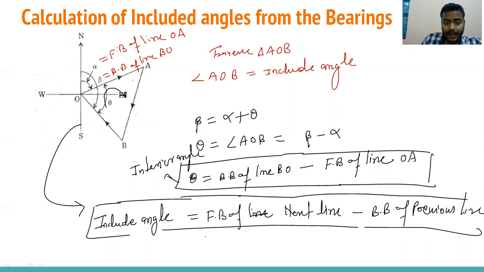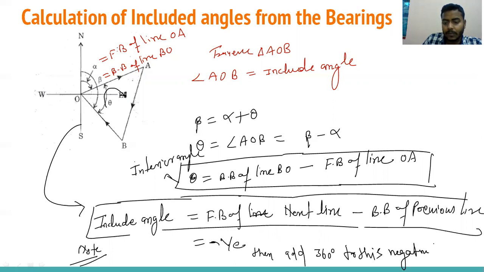Just note down this point. Whatever value we calculate here, when this value is coming negative, then add 360 degrees to this negative value, and we'll get the included angle, right?